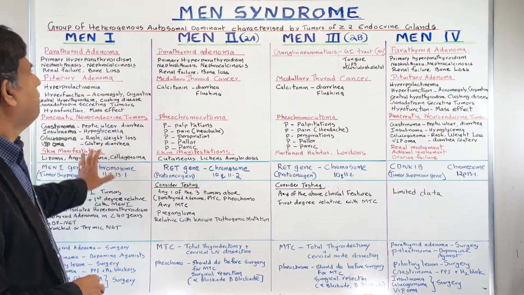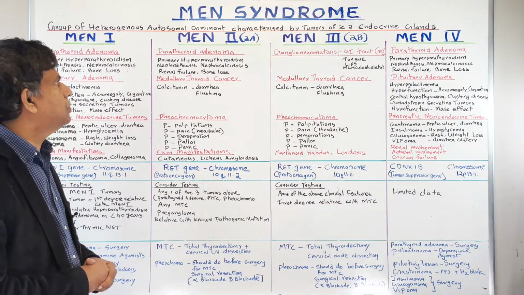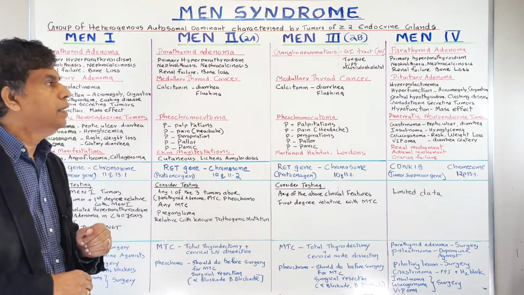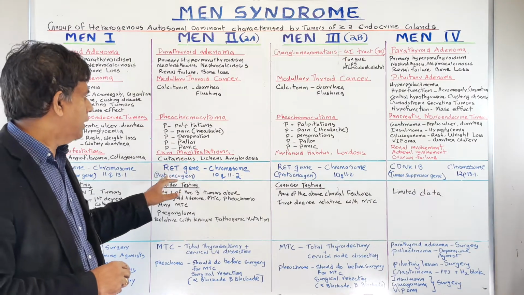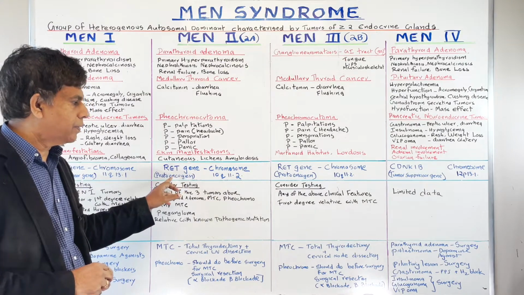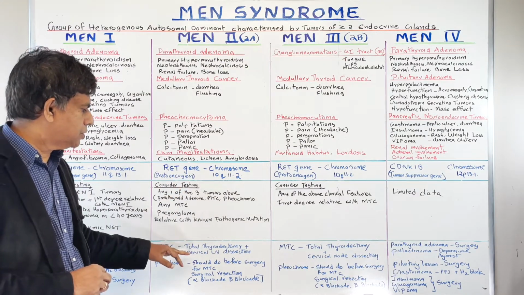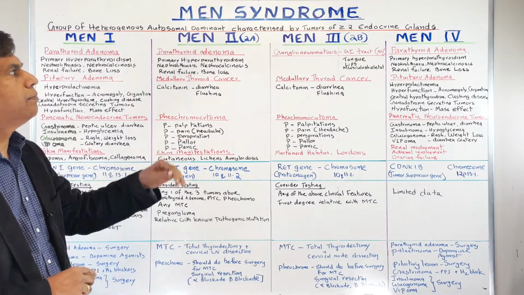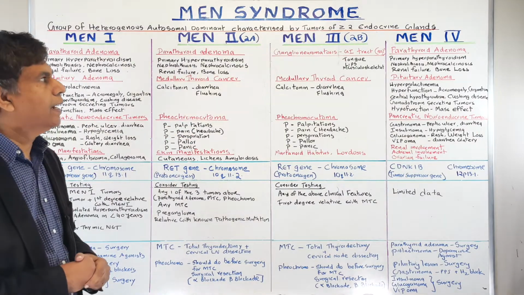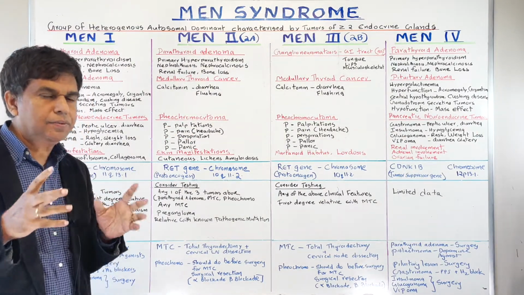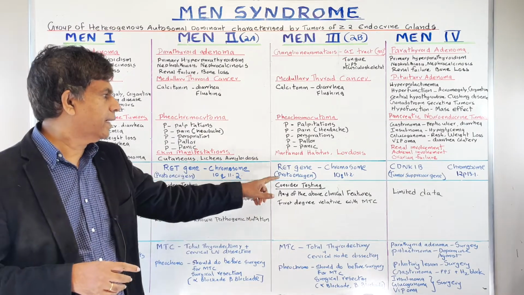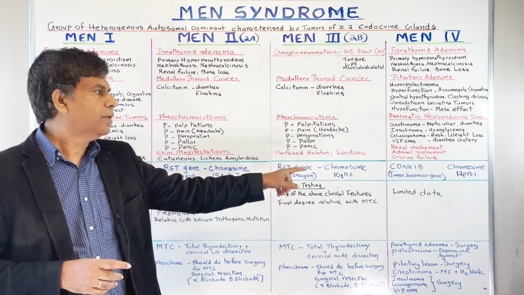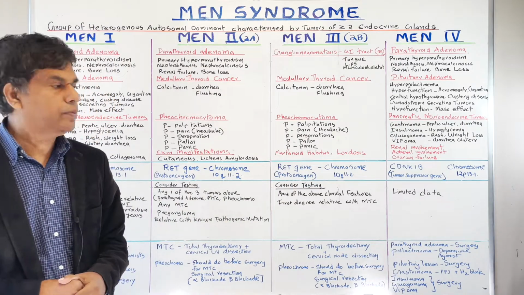Okay, that is MEN1. When you talk about MEN2, you've got parathyroid adenoma, medullary thyroid cancer, and pheochromocytoma, and the RET gene, if you remember that. And then the role of surgery, remember that. Then MEN3, you have ganglioneuromatosis. That's a little bit special about that. You've got medullary thyroid cancer, pheochromocytoma, again the RET gene is involved, but the chromosome now is 10q11.2.